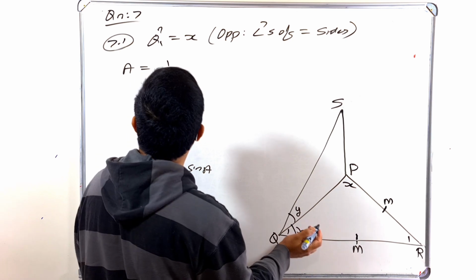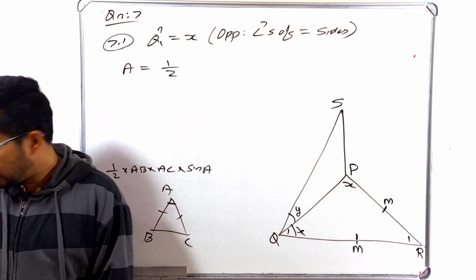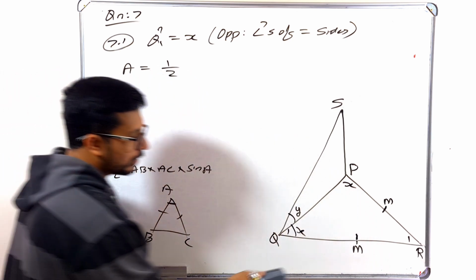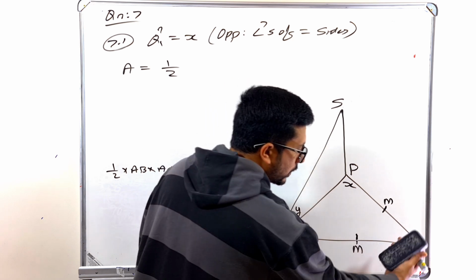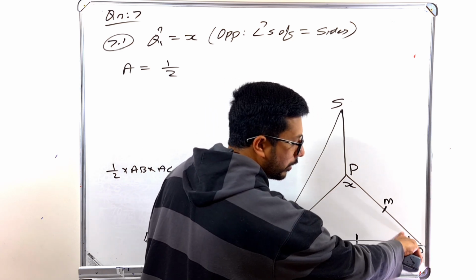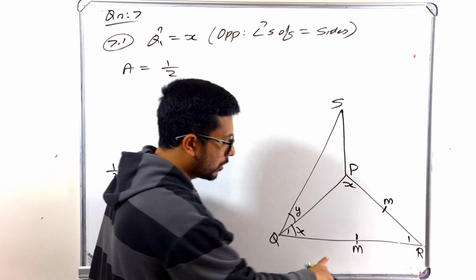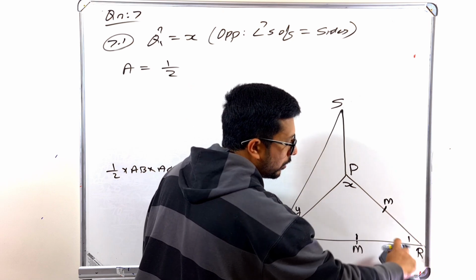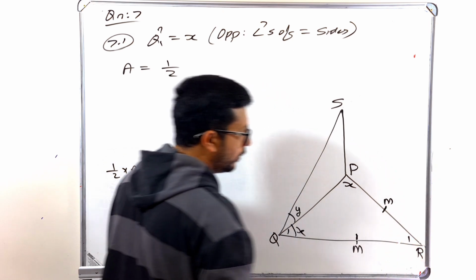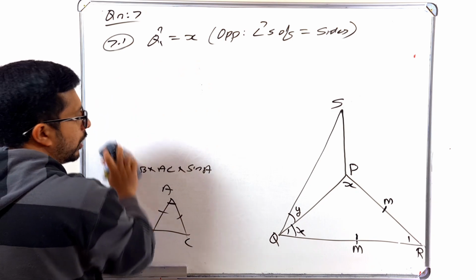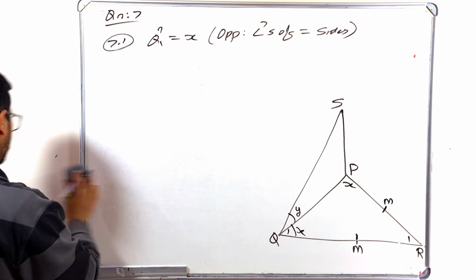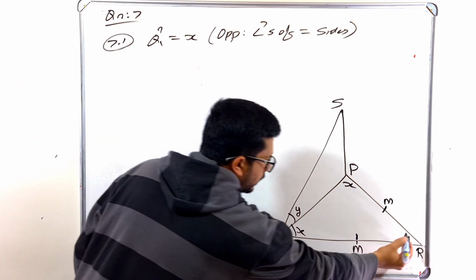Before I find the area, let me try to find this. We are supposed to take this angle R1, because we know these two sides. So we have to find what is that angle first.